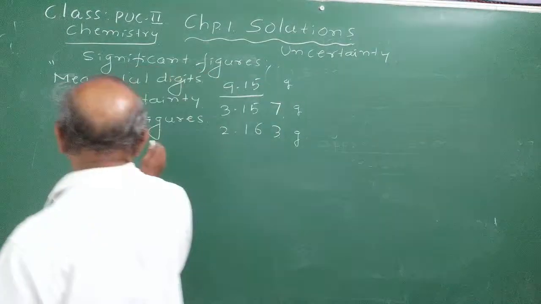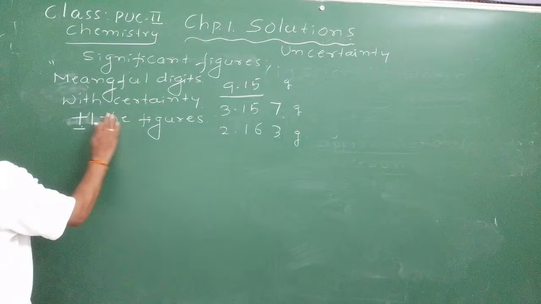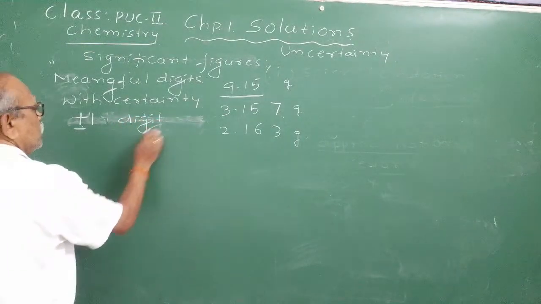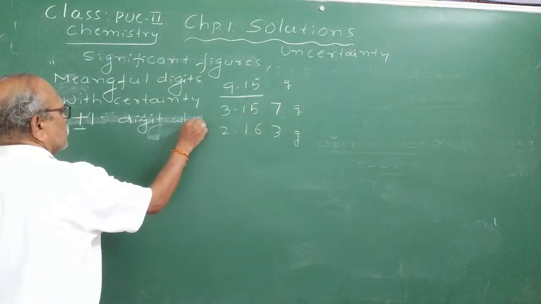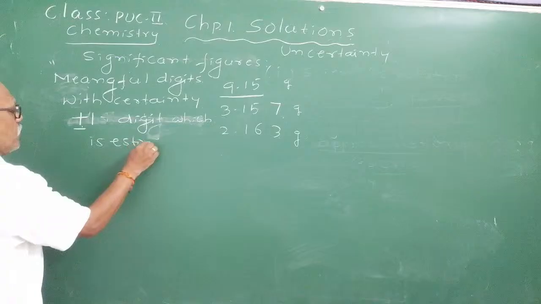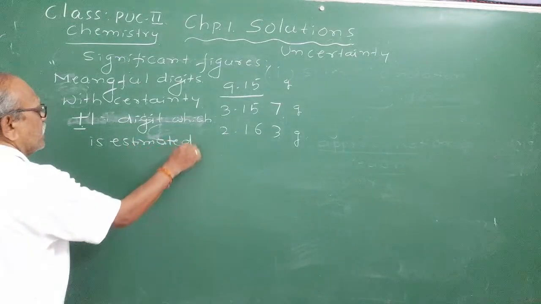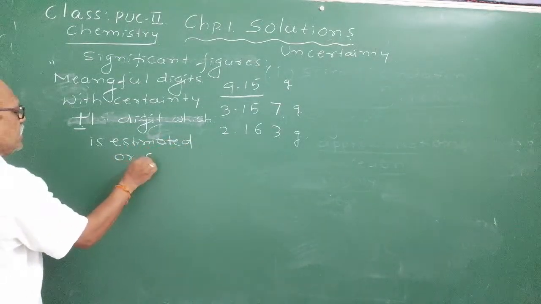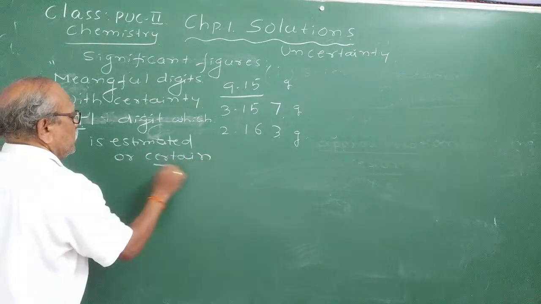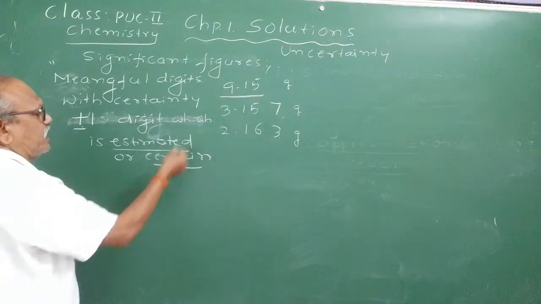Generally plus or minus one digit, which is estimated or uncertain. That value may be estimated or rounded off or may be uncertain.